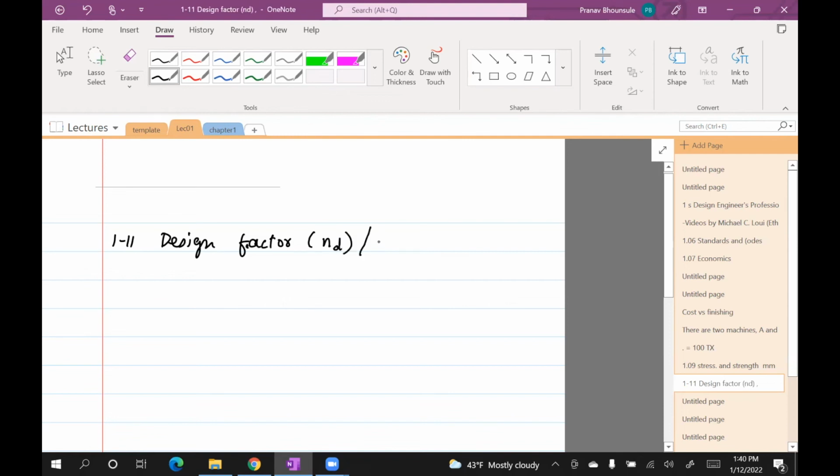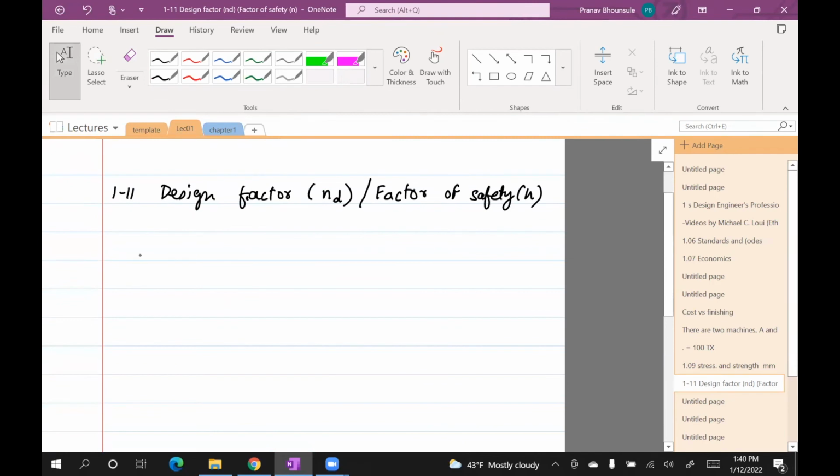And then there is something called factor of safety, which you might have heard of, which is denoted by N. Now, it turns out that both of them have the same definition, just like stress and strength.